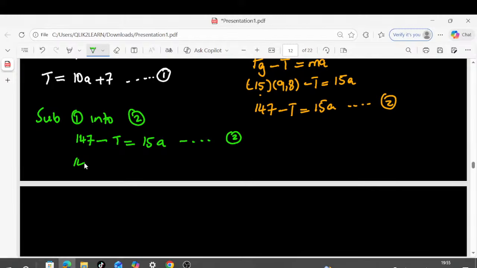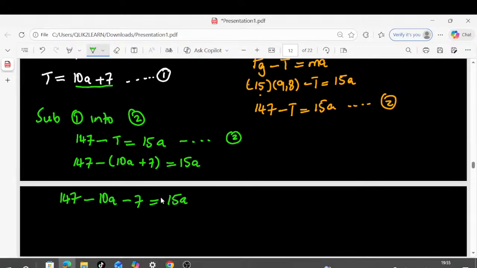This will be 147 minus, and I need to put it inside the bracket. I know that tension is 10A plus 7, so I'm going to put it inside the bracket. So this will be plus 7, equal to 15A. We can quickly work on this and say this is 147. I need you to multiply out the bracket with a negative. So this will give us minus 10A minus 7, equal to 15A.